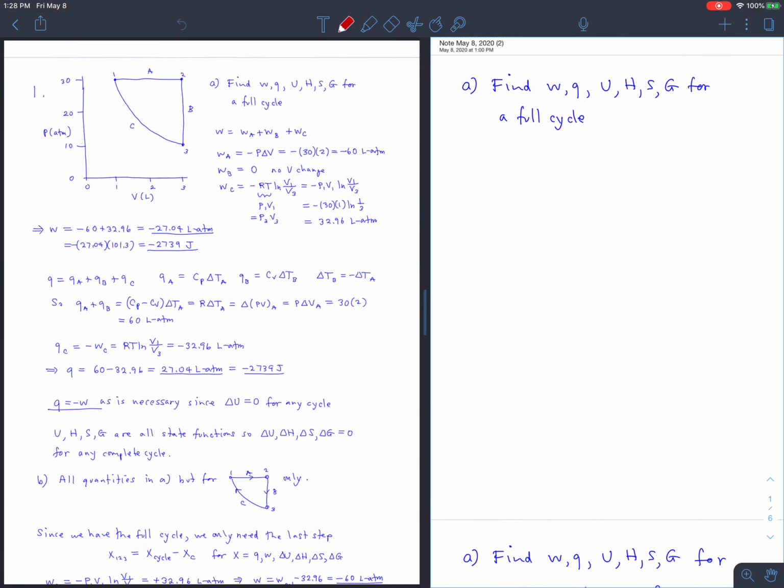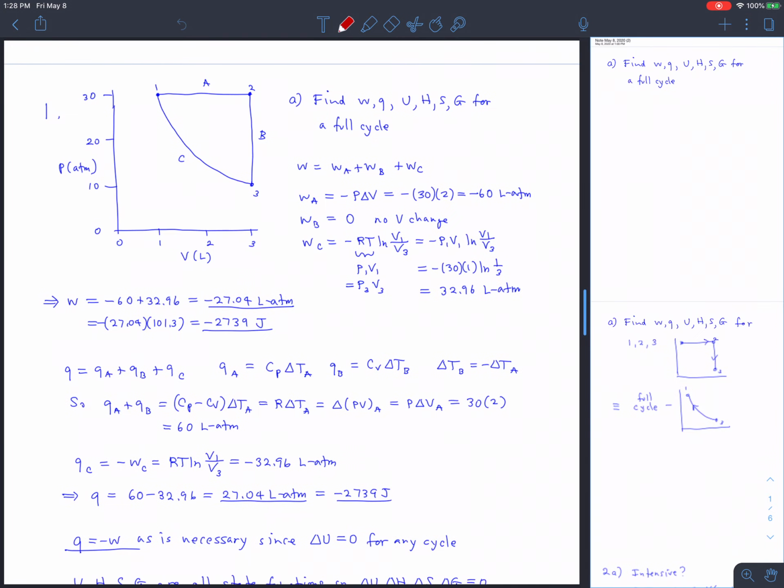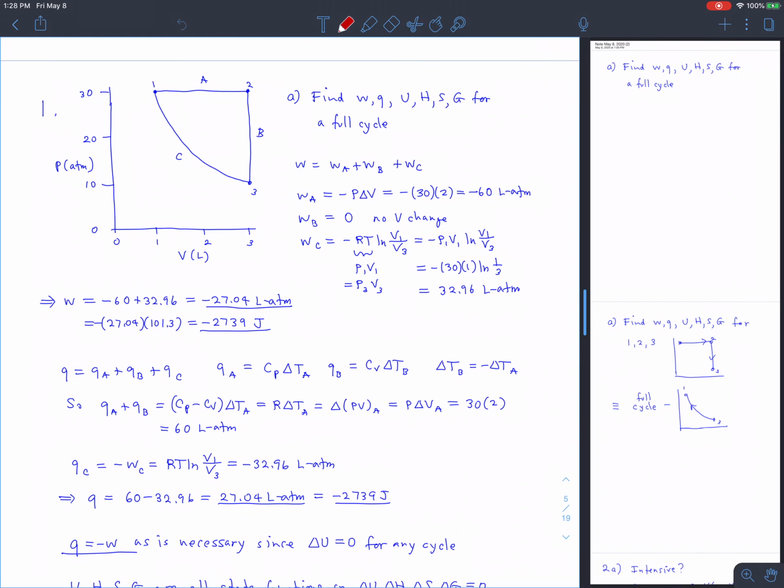The first problem on the practice final is this one, which is a more or less standard calculate things around a cycle kind of problem. So the problem is that I have this PV diagram. I have three different states on the diagram, all equilibrium states.